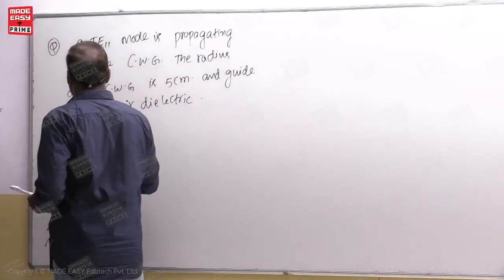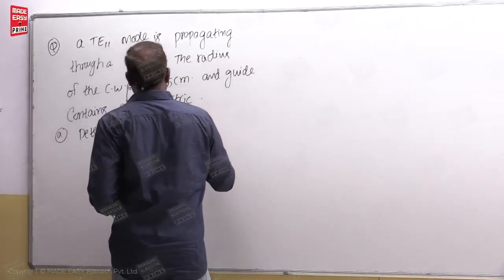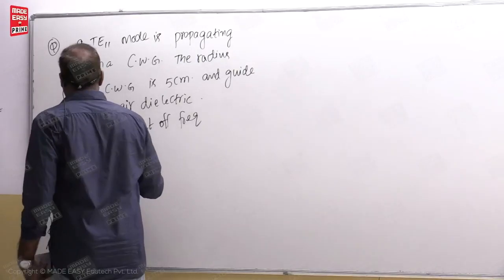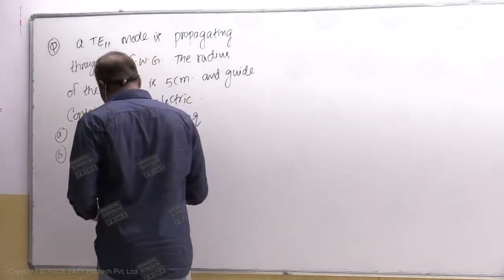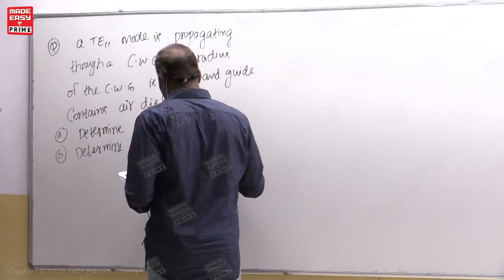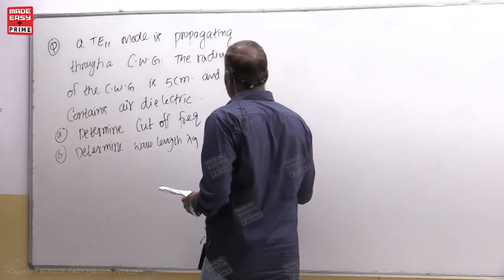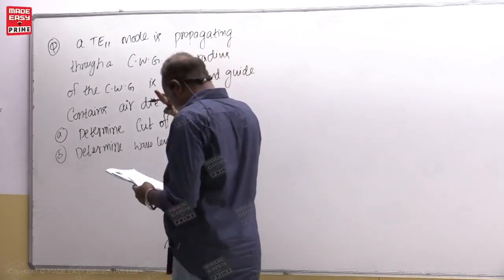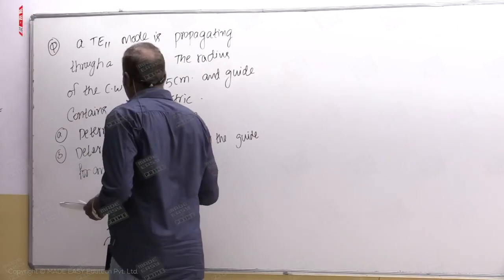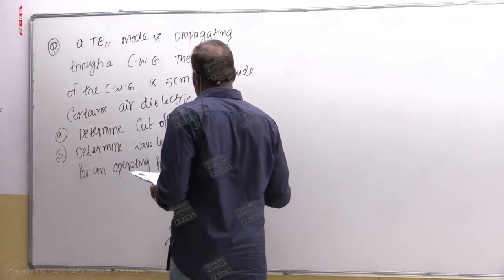Part A, determine the cutoff frequency. Part B, determine the wavelength lambda g in the guide for an operating frequency of 3 gigahertz.